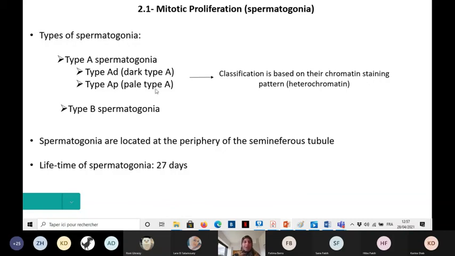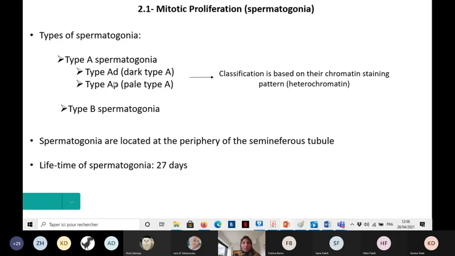They are called dark and pale according to the state of their chromatin, as observed under the microscope. The chromatin of the type AD spermatogonia is very dense and granular, and under the microscope their nucleus will look very dark.